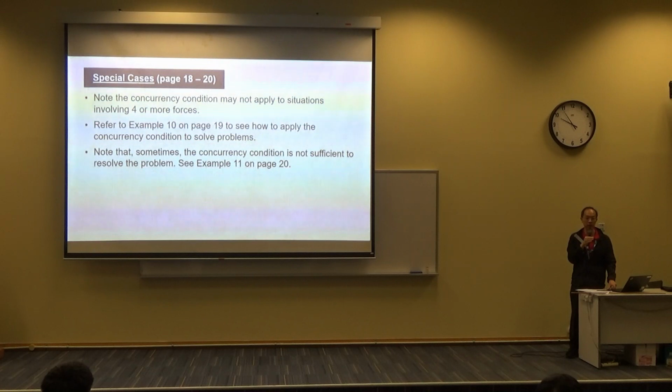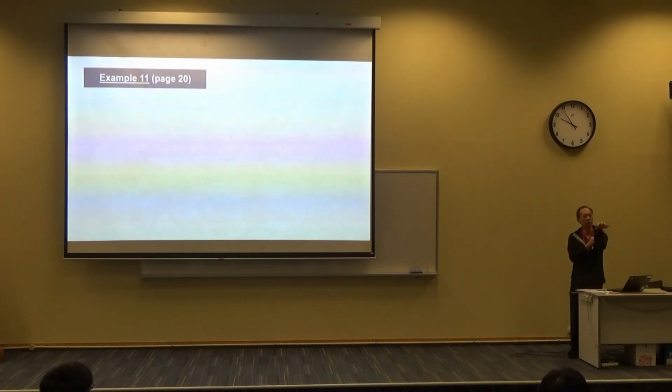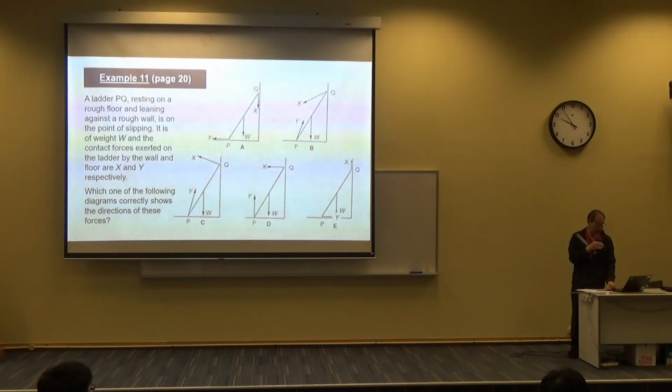So this is example 11. Example 11 is interesting, so I'll spend a bit of time here. It's probably the last thing that I do. This is example 11, on page 20.